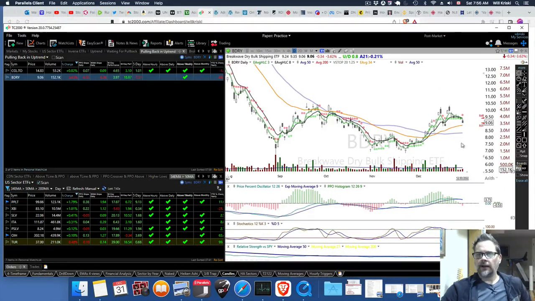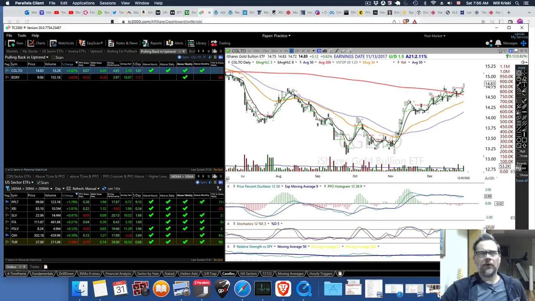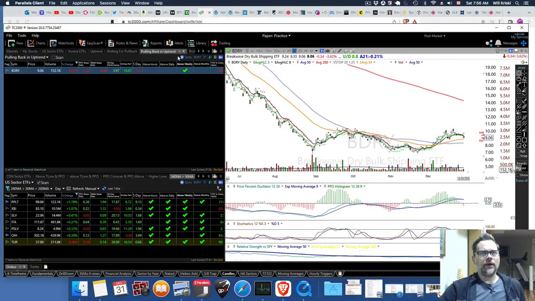So you're looking for pullbacks. Obviously I'm not going to buy that right there. It's crossing down. But a lot of times you have this pullback, but you're still in an uptrend like here. So I'll manually create, edit these. This was pulling back, but now it's heading back up again. So I might flag that and I'll remove it from this watch list. Or if I'm waiting for a pullback, there's nothing in there right now.